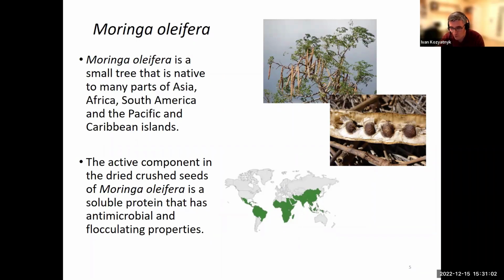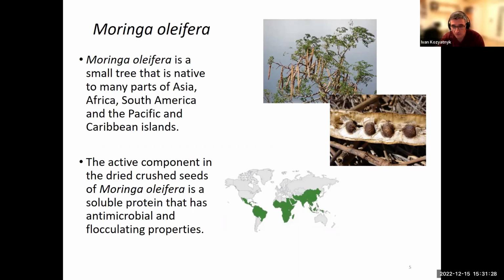It's also known in some parts as the miracle tree because almost all parts of this tree are used for one activity or another. For instance, it's possible to make tea from leaves, extract oil from seeds, and it has applications in medicine, and so on.